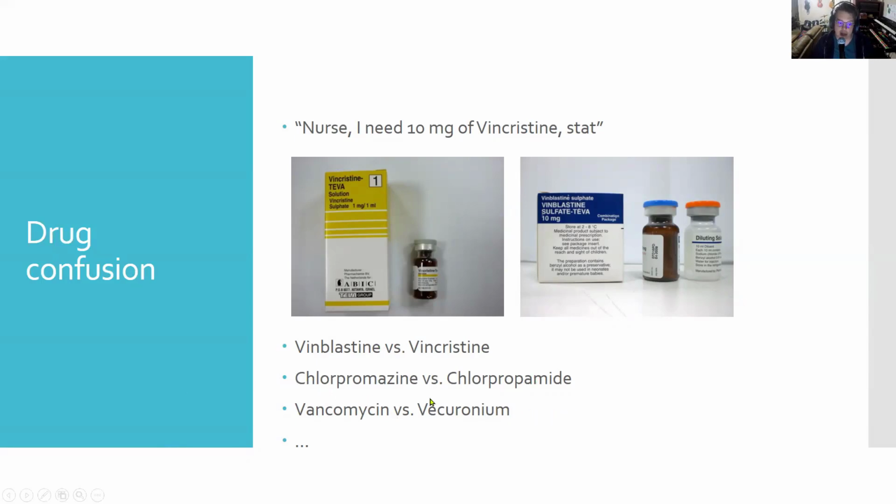A doctor called, hey, I need vancomycin for this patient. Vancomycin is an antibiotic. It's the kind of thing that after surgery you might use so that there's no infection in the wound. Vecuronium is a muscle relaxant, used to induce paralysis for anesthesia. And I'm laughing, but this was a case where instead of antibiotics, somebody got an extreme dose of a powerful muscle relaxant, and it killed this patient.